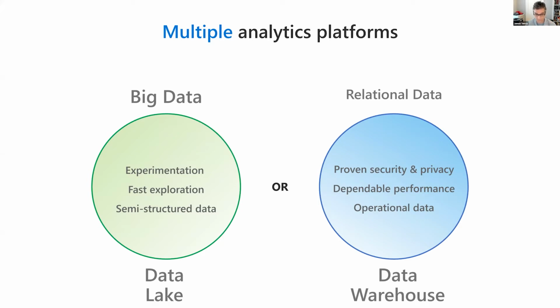And it was put into a data lake, and through Hadoop technologies, people were able to explore this data, but usually had these two separate identities: the data lake for that semi-structured data and the relational database, which had the benefits of speed and security and held a lot of the relational type data, but they were always separate.